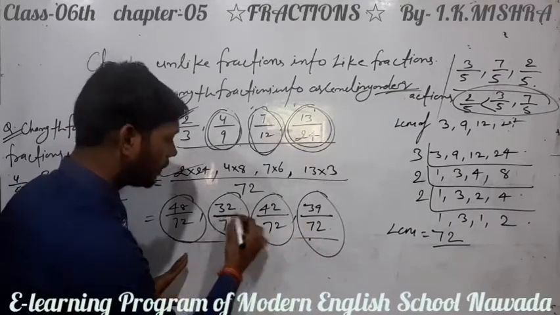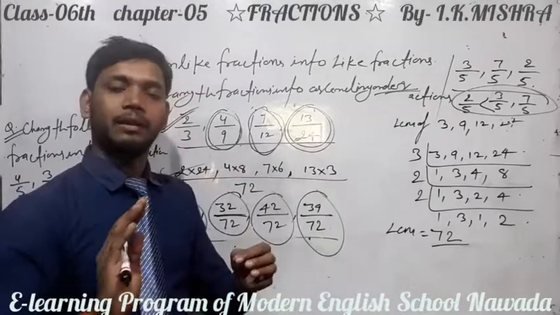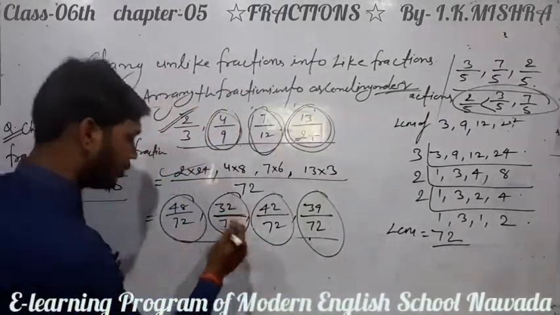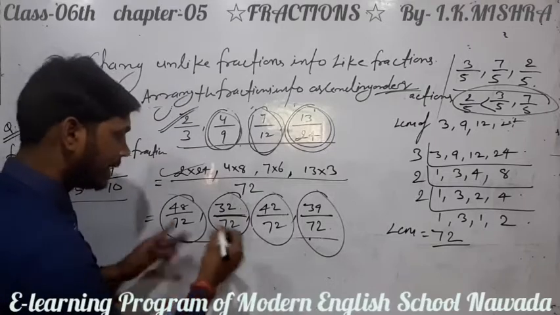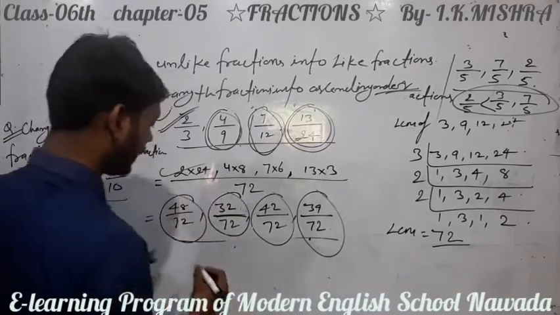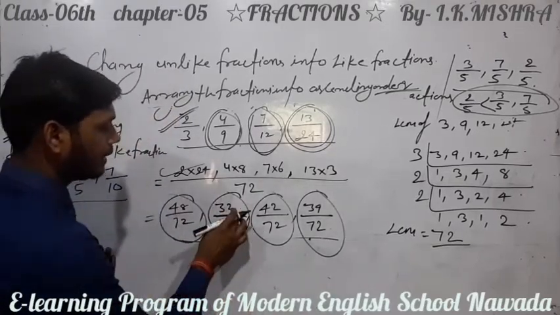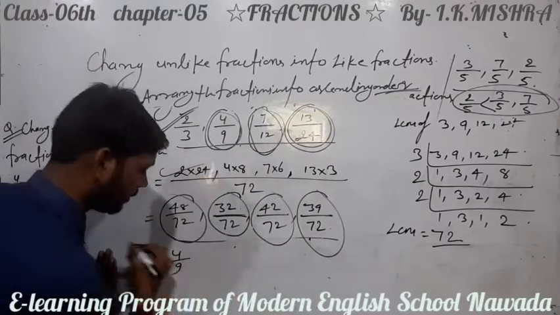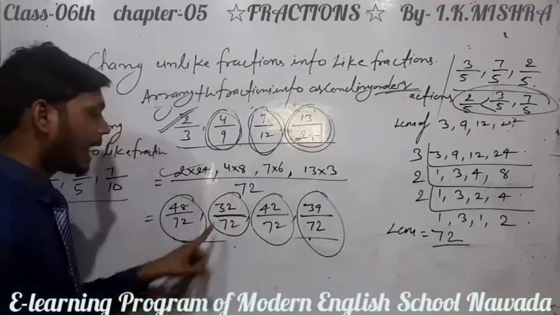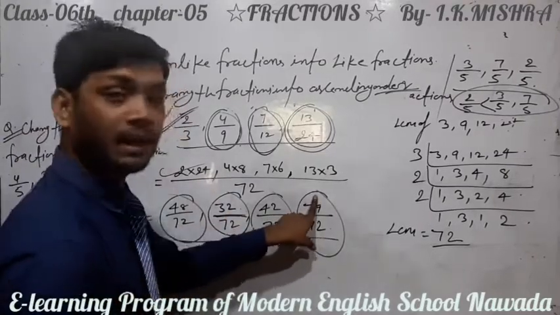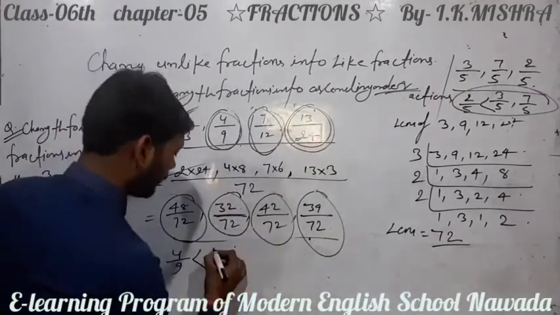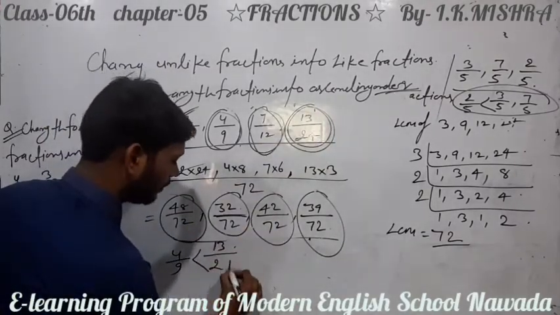So whichever numerator is smaller, that fraction is smaller. So you can write the fractions in ascending order. Here 32 by 72, and 32 by 72 is written for 4 by 9. Here students, 4 by 9 is less than, after that 39 by 72, and 39 by 72 is written for 13 by 24.